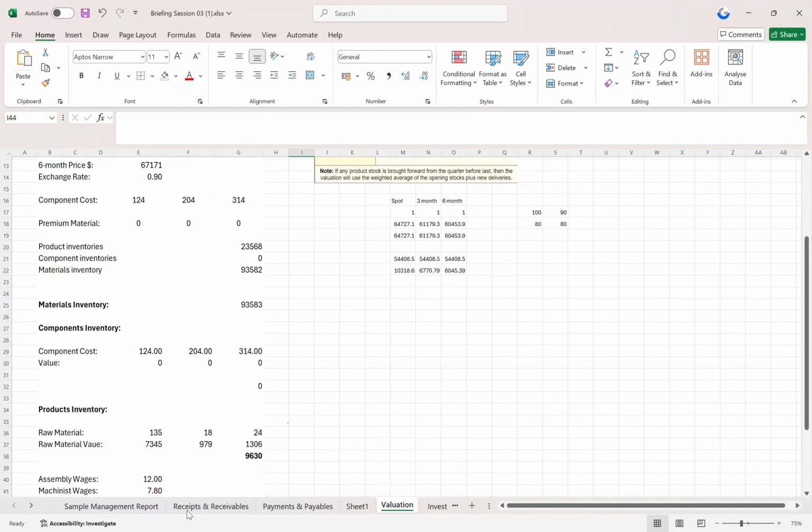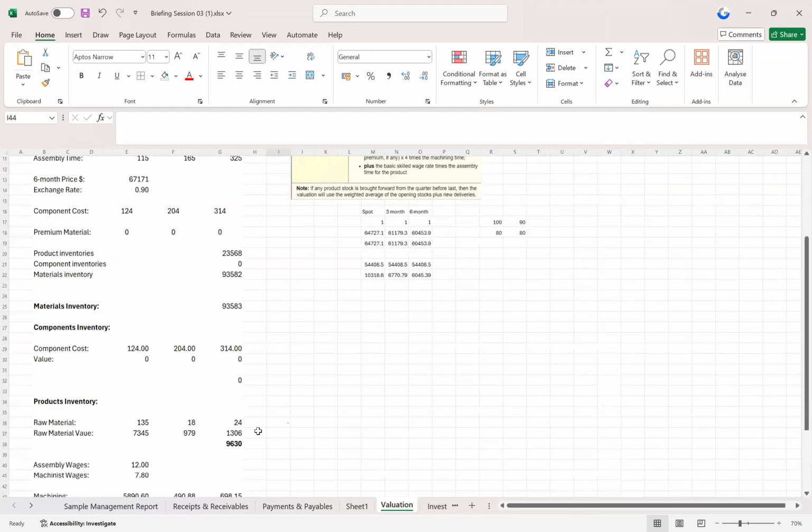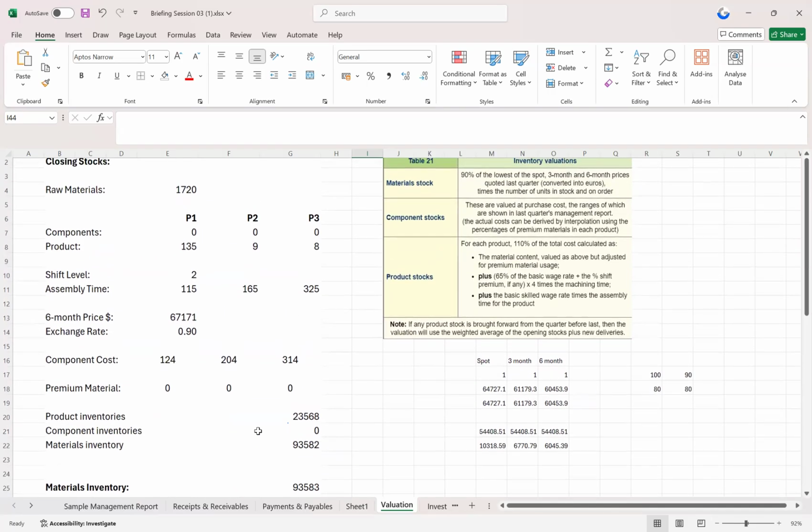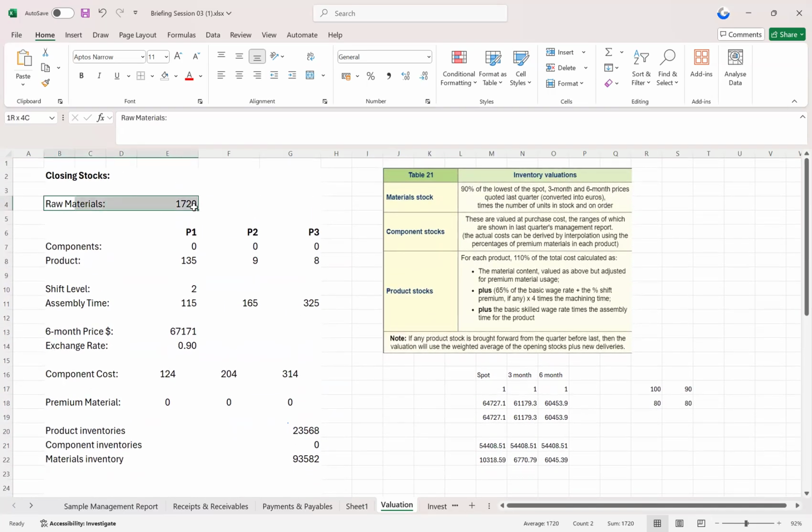Even though this valuation calculation is not that helpful, we are doing it. I will draw two outcomes from this calculation, but first I will show you how the calculations take place. Assume my closing stock of raw materials and components is 0.